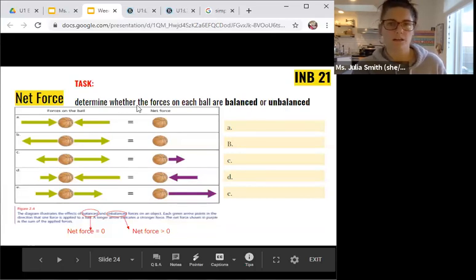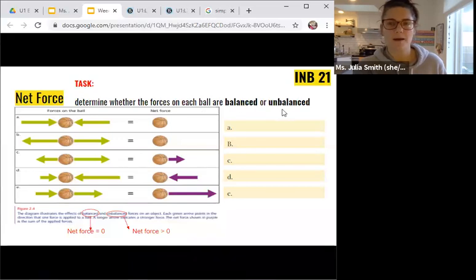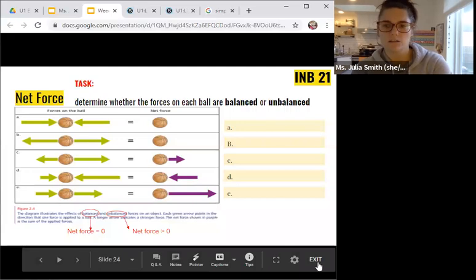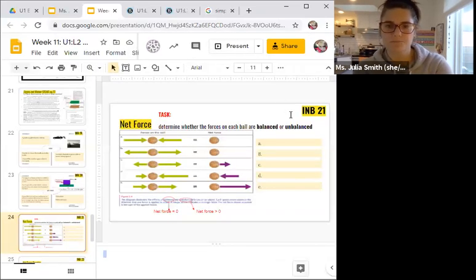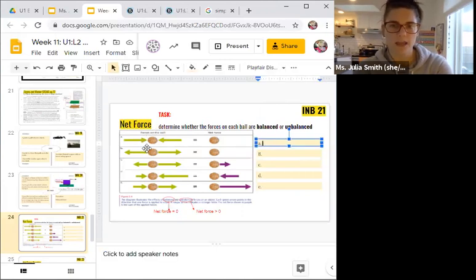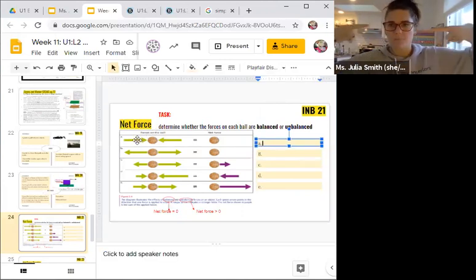So we're determining whether the forces on each ball are balanced or unbalanced. I'm actually going to back out here. When we look at this first example, we have 2 green arrows moving in opposite directions.